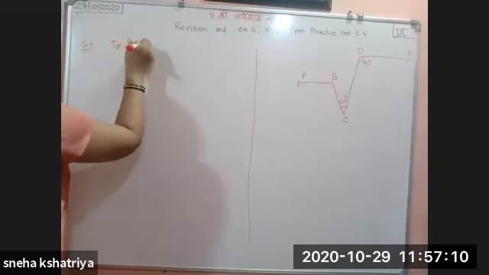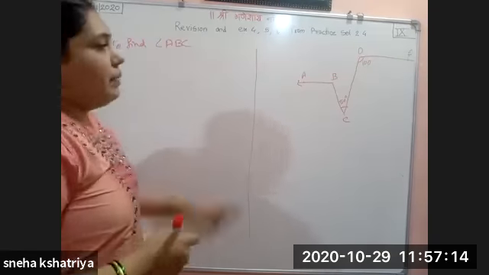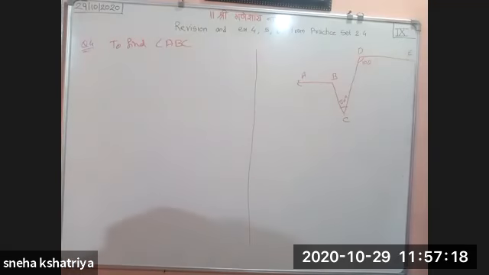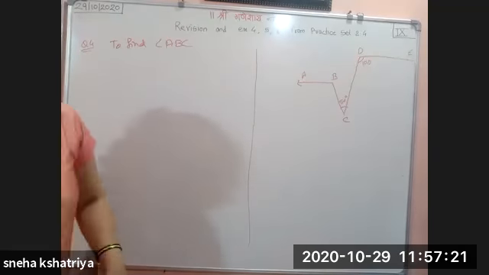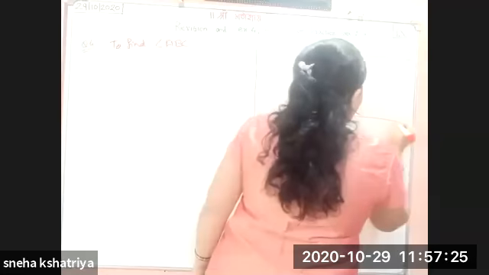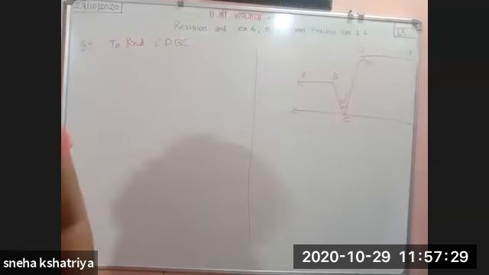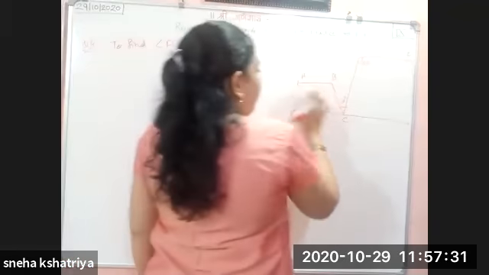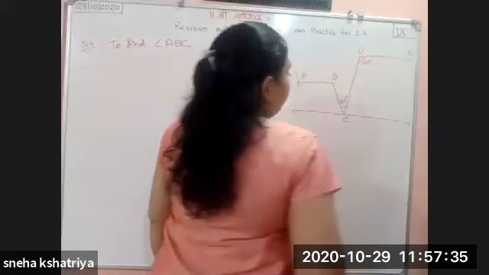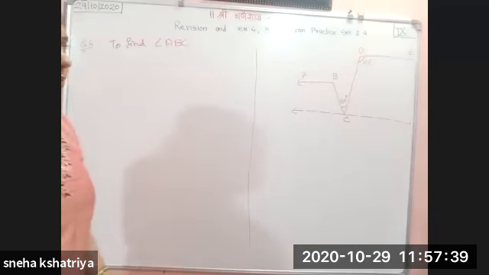ABC we have to find out, and they have given a hint also: draw a line passing through point C and parallel to BA.